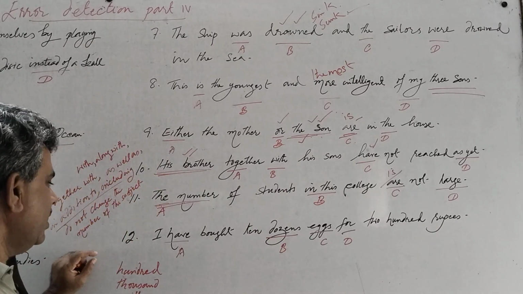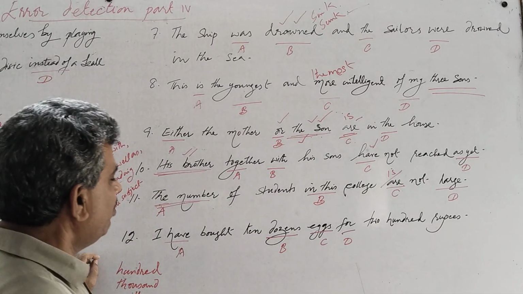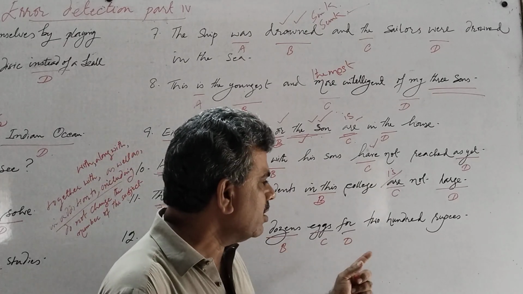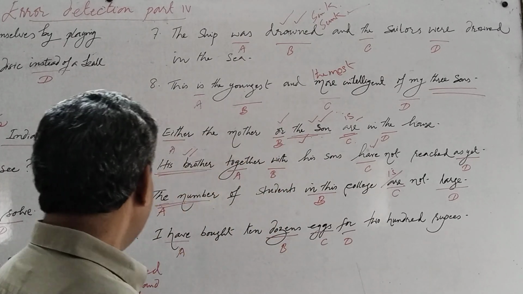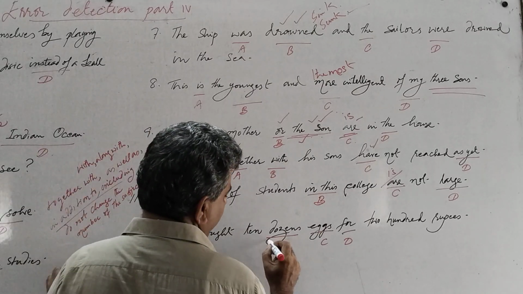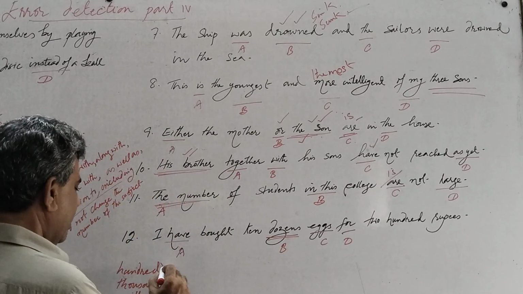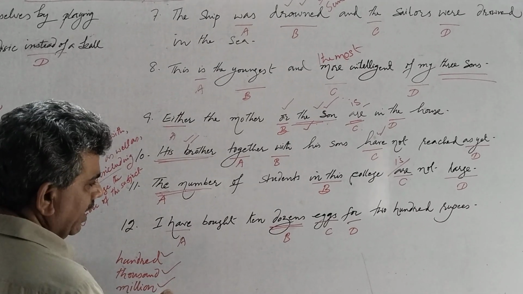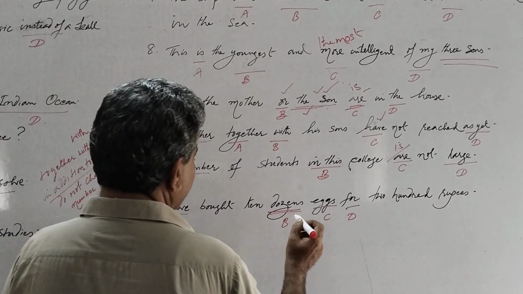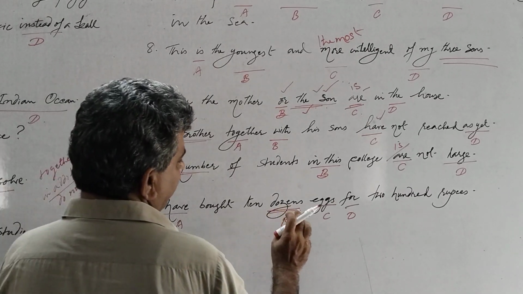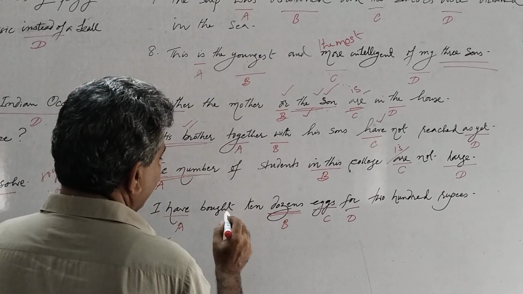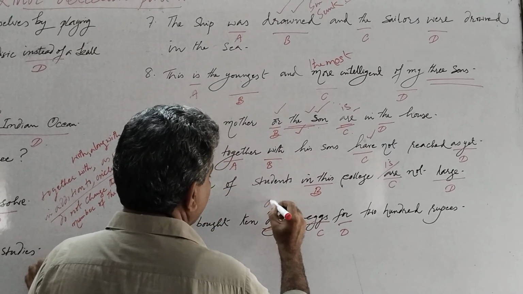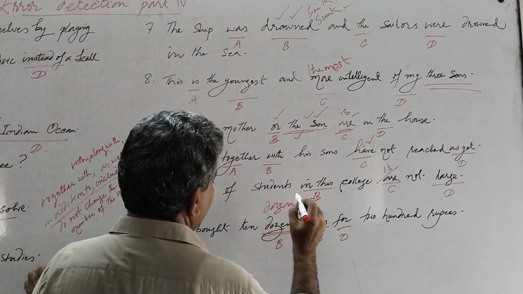Now we have 12th sentence. I have bought 10 dozens eggs for 200 rupees. So we know that when we have the word dozen, hundred as quantity, thousand, million, and billion, then we cannot pluralize them. We should keep in singular form. I have bought 10 dozen eggs for 200 rupees. 10 dozens is wrong. We should write 10 dozen eggs.